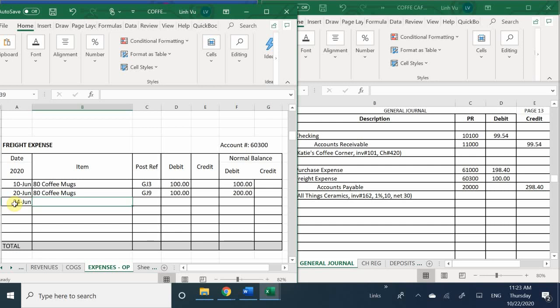General Journal 13, debit 100, balance 200.